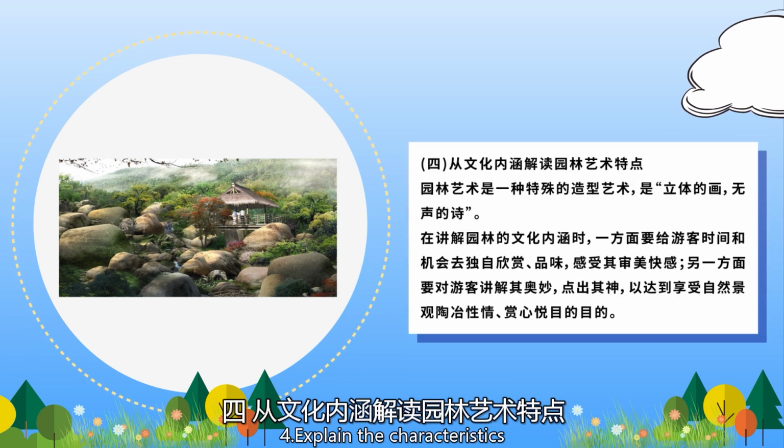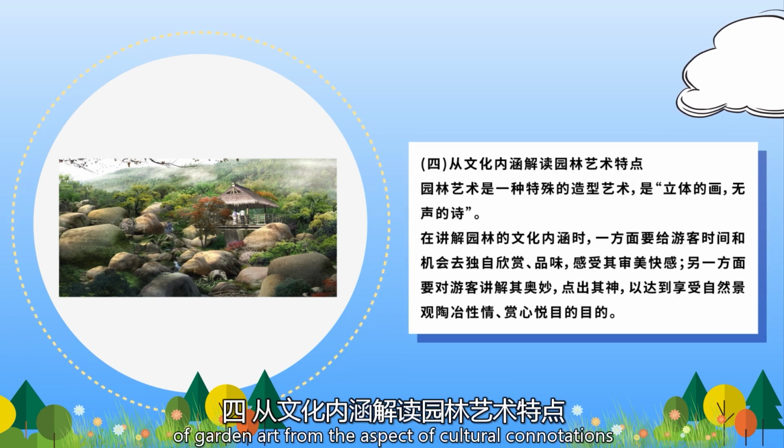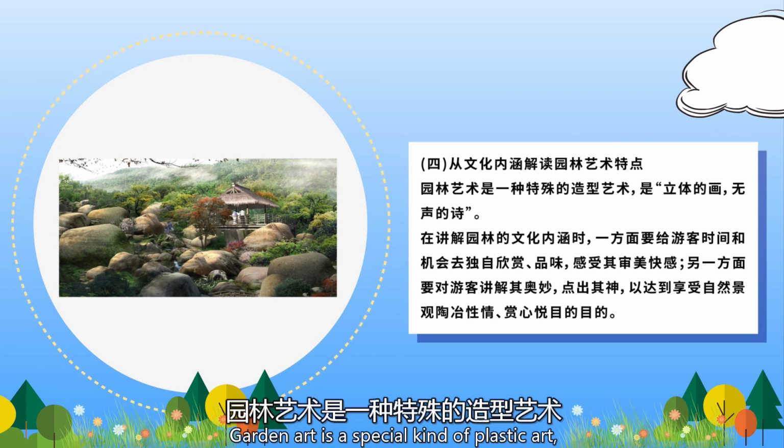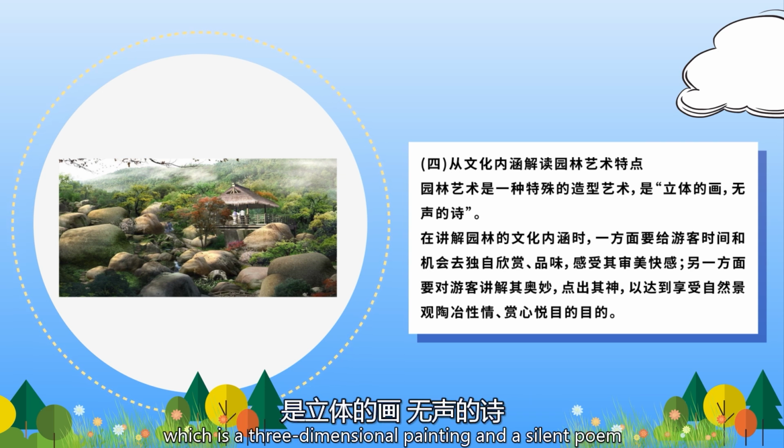Explain the characteristics of garden art from the aspects of cultural connotations. Garden art is a special kind of plastic art, which is a 3-dimensional painting and a silent poem.